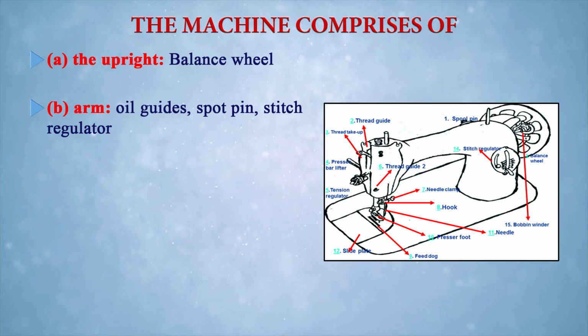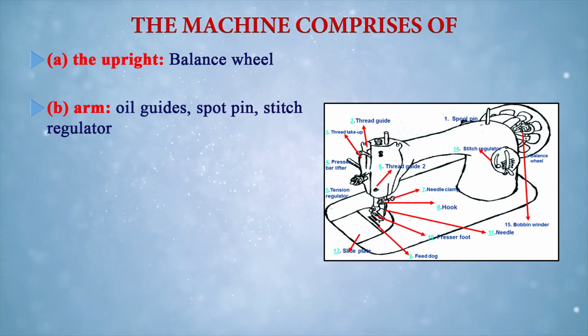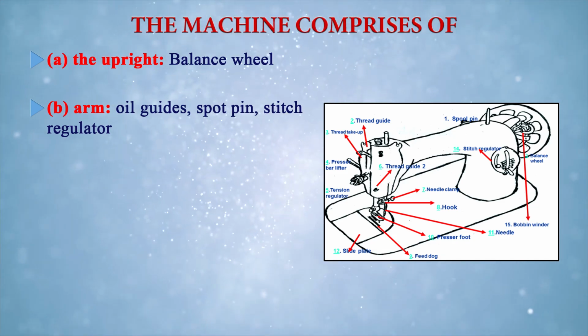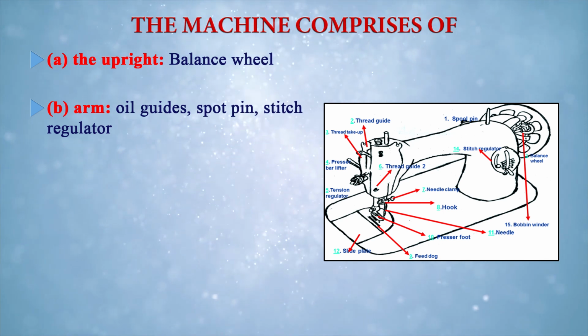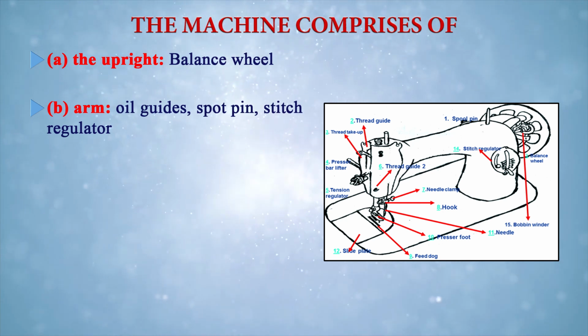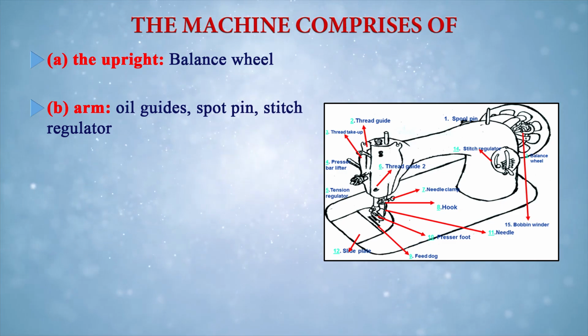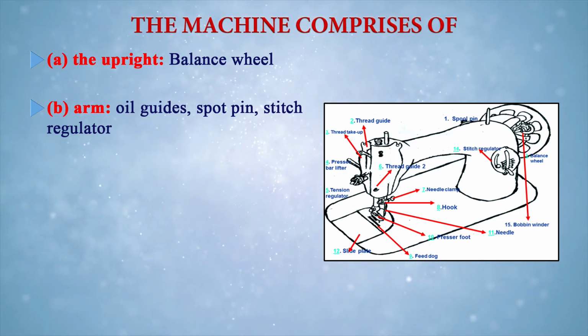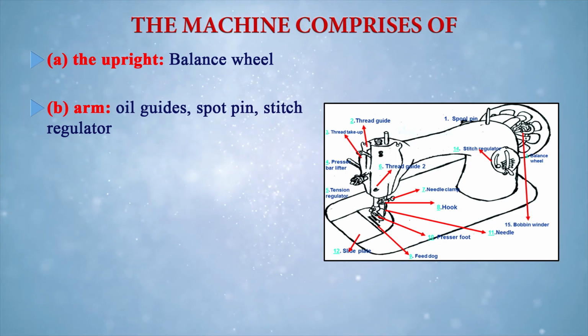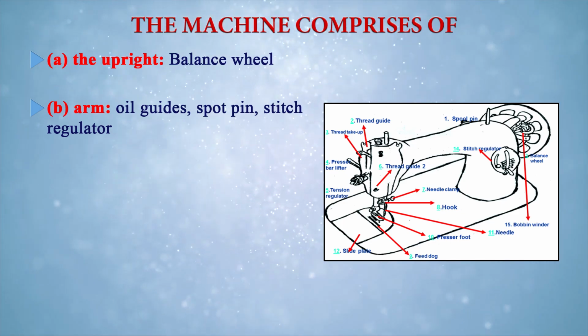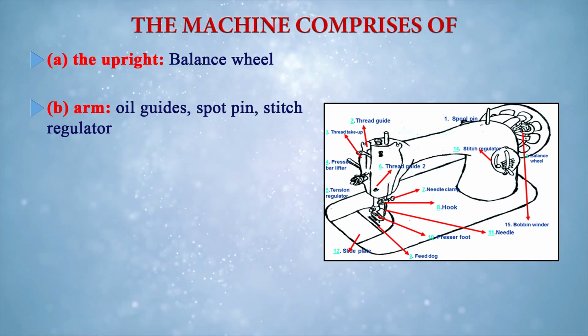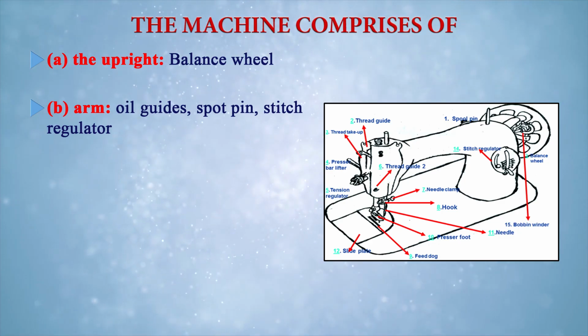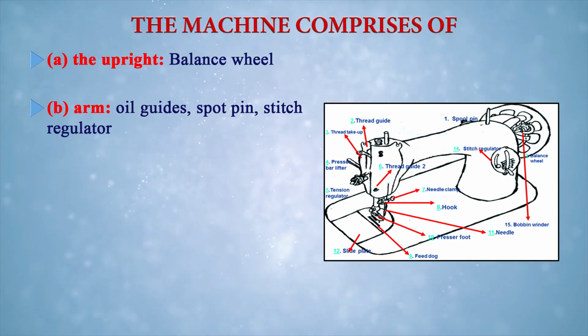The arm part of the machine has the oil guide, from where we put oil into the machine. We have the spool pin, where we put the spool on the machine. We have the stitch regulator, from where we regulate and adjust our stitch length.